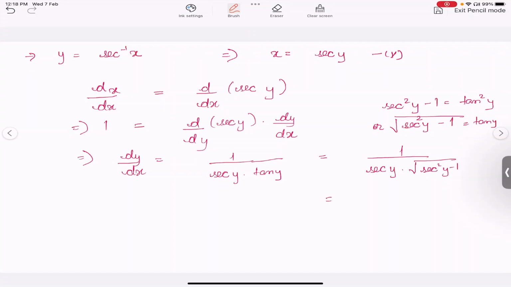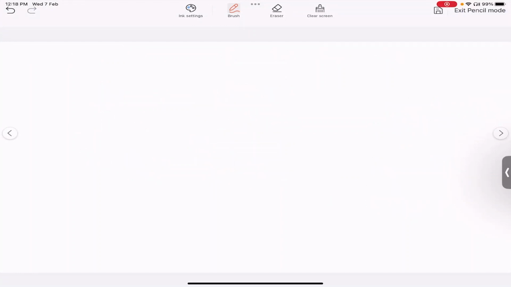That will be equal to 1 by sec y times root of sec square y minus 1, so let's substitute it with x: 1 by x times root of x square minus 1. This is our derivative of sec inverse x with respect to x.